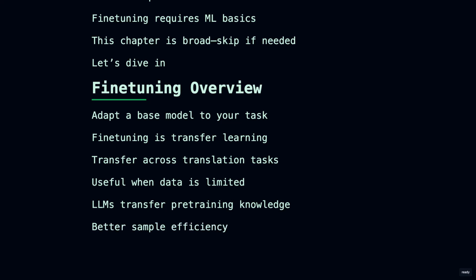One major benefit is sample efficiency. The model learns the desired behavior from fewer examples. Instead of needing millions of labeled cases, a strong base model may only need a few hundred task examples to get useful performance.